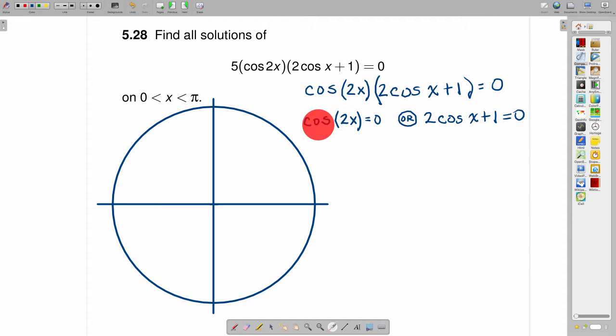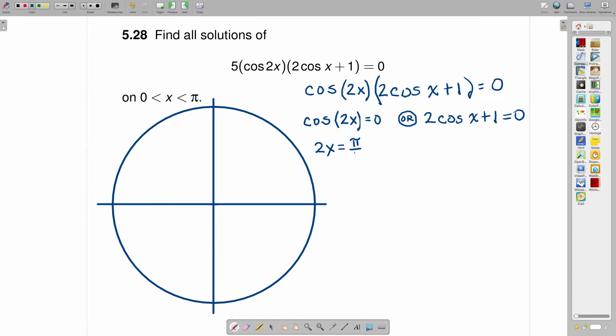Well, if the cosine of 2x is equal to 0, the way you think about that is you ask the question, where on the winding circle is the cosine equal to 0? Well, the cosine starts out as 1 here, which means that the cosine function is 0 up here at pi over 2. That's the same as saying 2 times x, that angle, is equal to pi over 2.